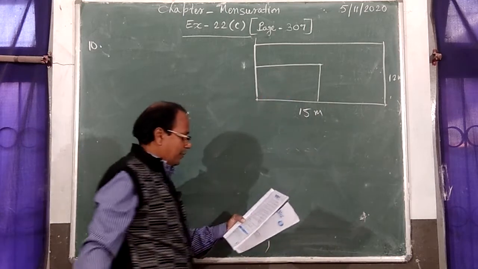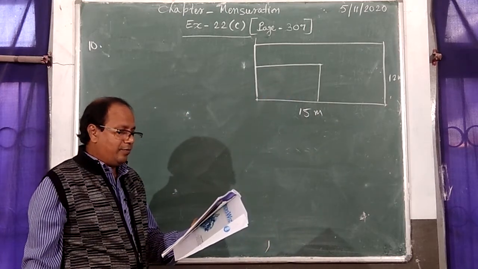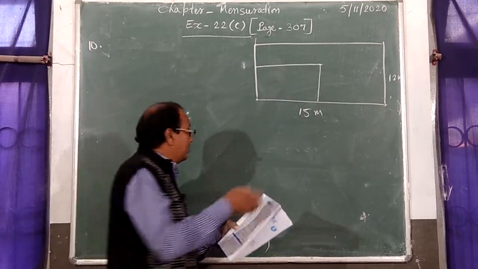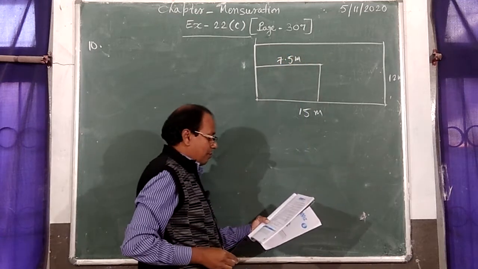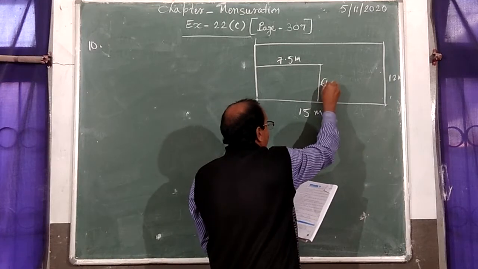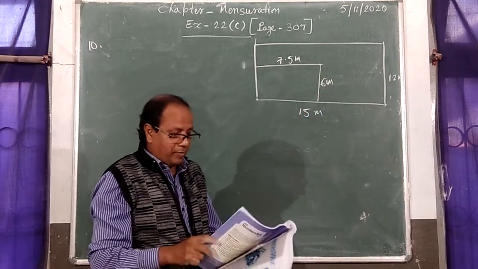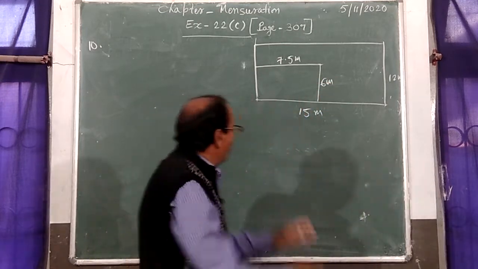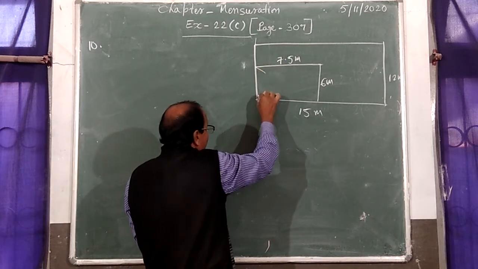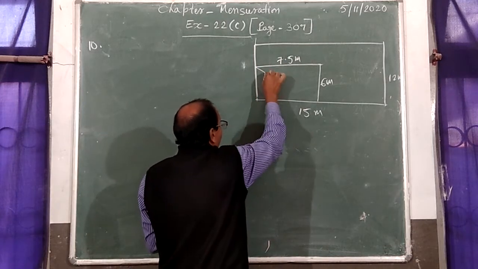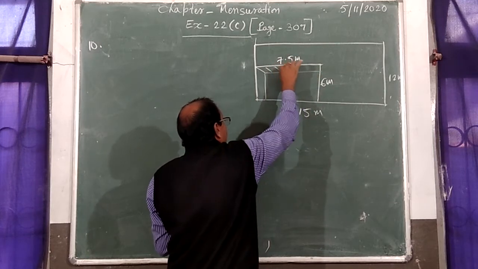In this corner, we have one pit whose length is 7.5 meter, breadth is here 6 meter. Of course, depth is not mentioned in the sketch, so how to make it a depth? I'm just drawing a simple kind of sketch so that you can understand as if there is a depth.